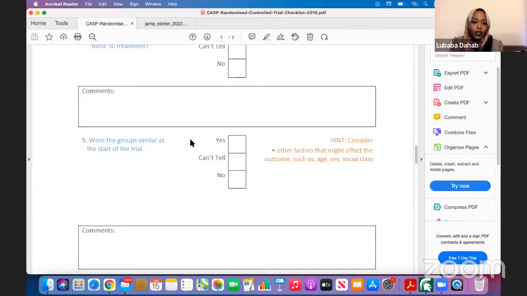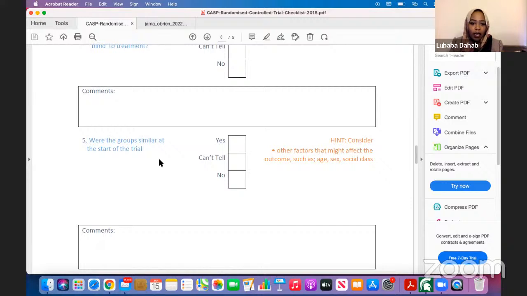So, were the groups similar at the start of the trial? This takes a little bit of judgment, because basically all of the participants were contacts of confirmed COVID patients. They were either seronegative or seropositive at baseline.